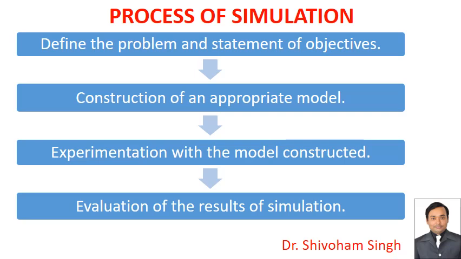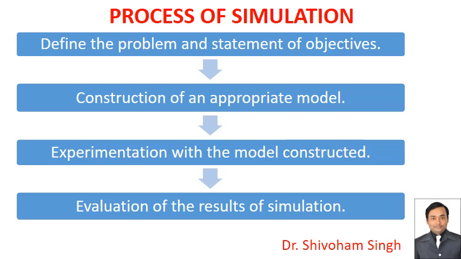Now, we can divide the whole process of simulation into basically four parts. In the first part, we define the problem and state the objective in clear terms. In the second phase, we construct an appropriate model to replicate the real world scenario.